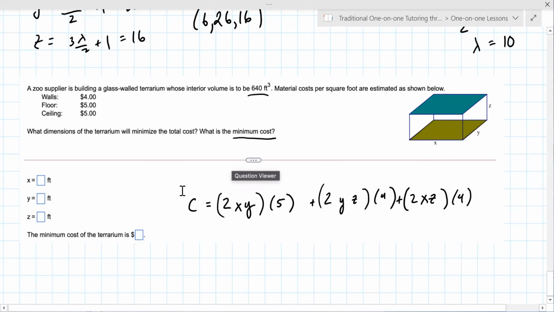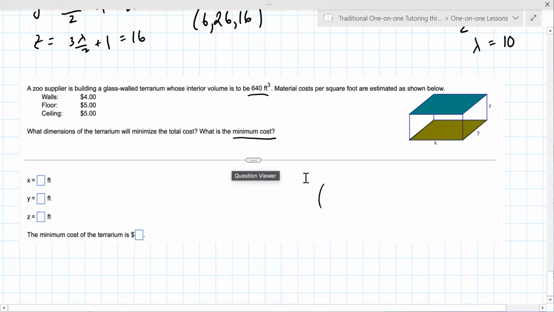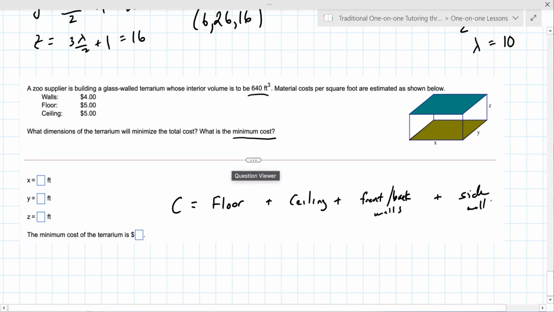Let me do this differently. The cost is the floor plus the ceiling plus the front and back walls plus the side walls. Okay, that should do it.